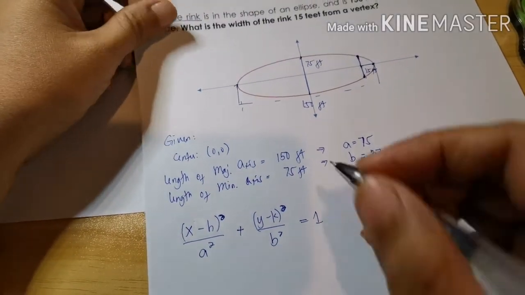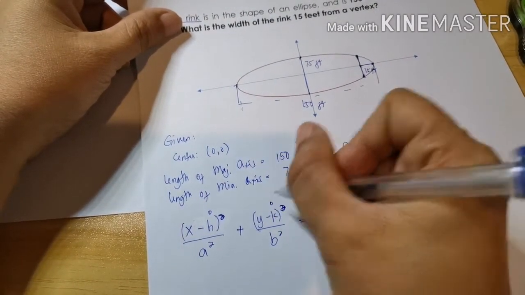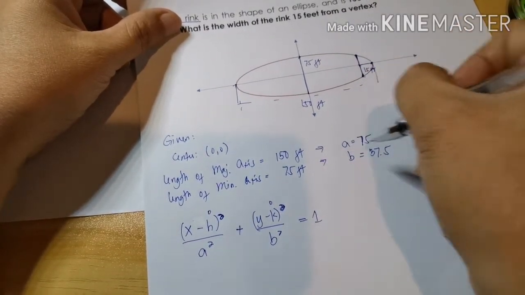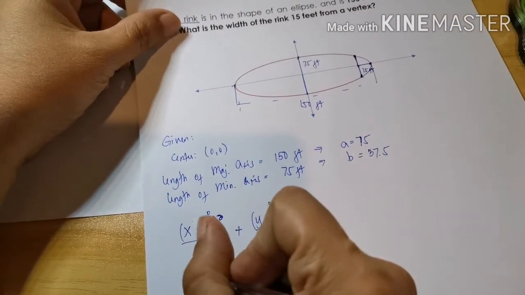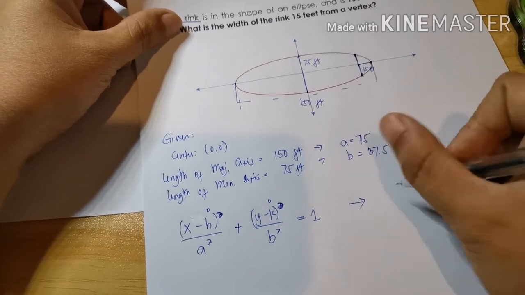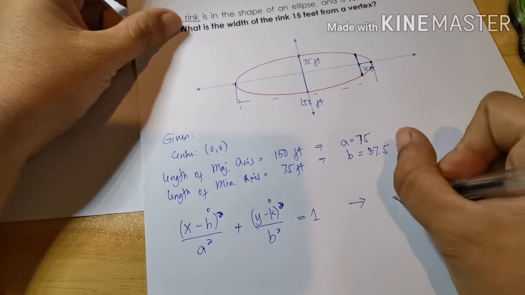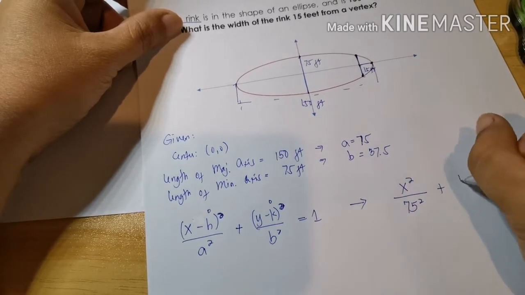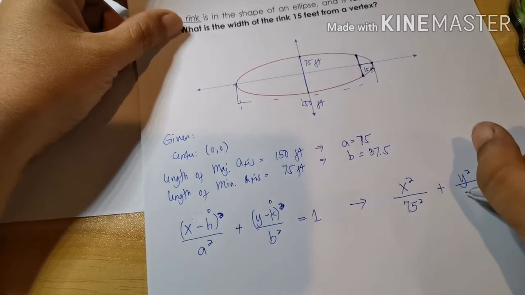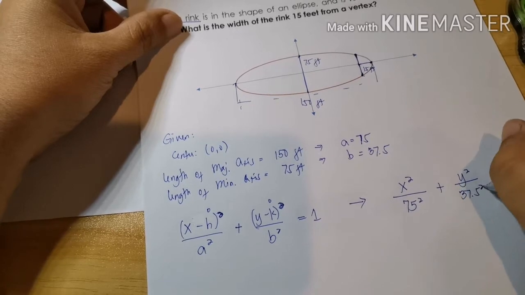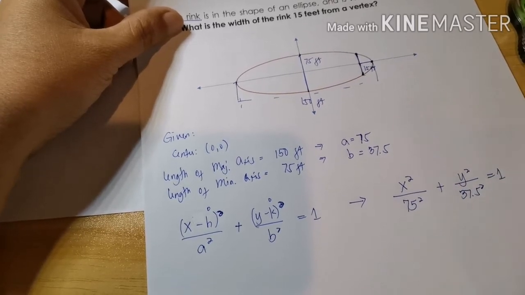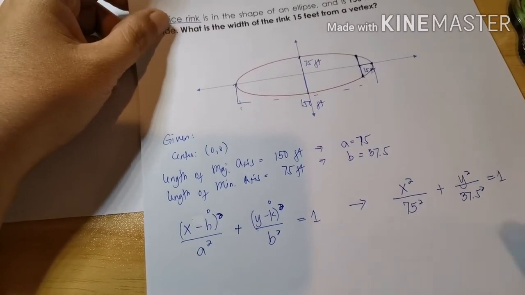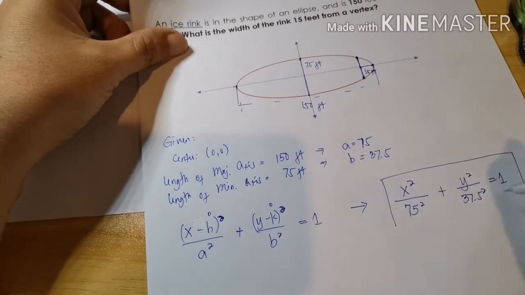Ayan. Okay. So, since 0 ang ating h, 0 din ang ating k, and then substitute na natin yung mga given natin, that will become, so ito na yung equation natin, x squared over 75 squared plus y squared over 37.5 squared equals 1. Ayan. So, ito na yung ating equation.